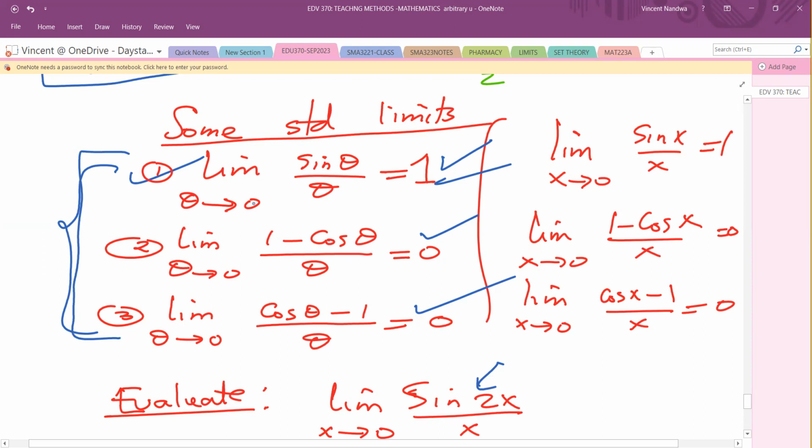In cases where you approach pi over 2, it will depend on the nature of the problem, so you won't use these identities. Like the other one, we reduce the trigonometric part and see how we can express it in terms of other trigonometric ratios that give us either infinity over infinity or 0 over 0.